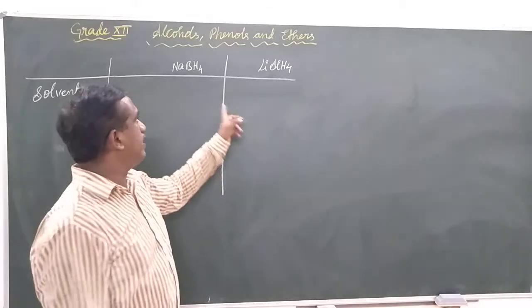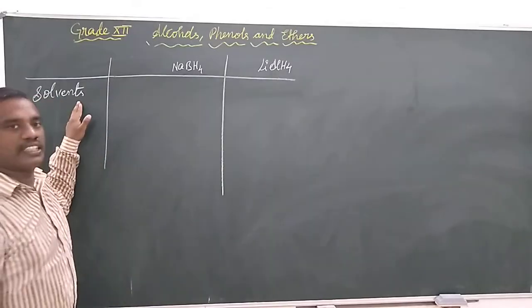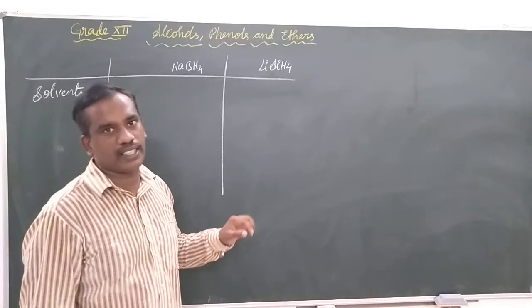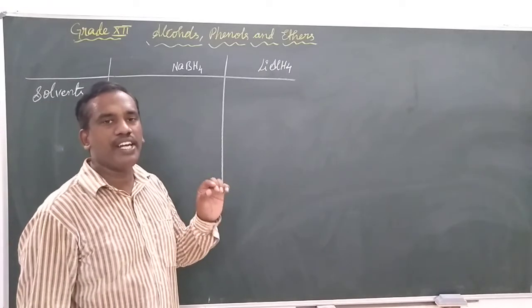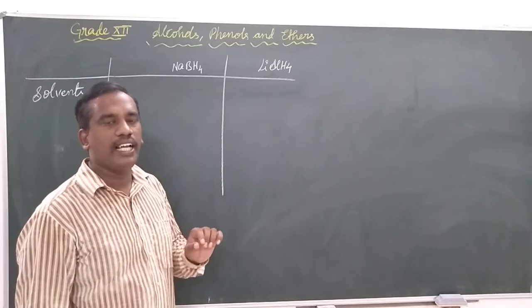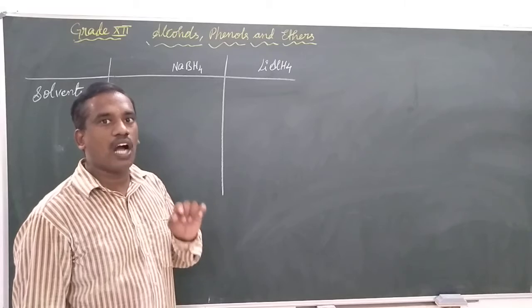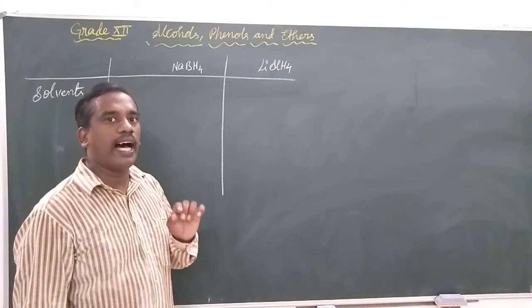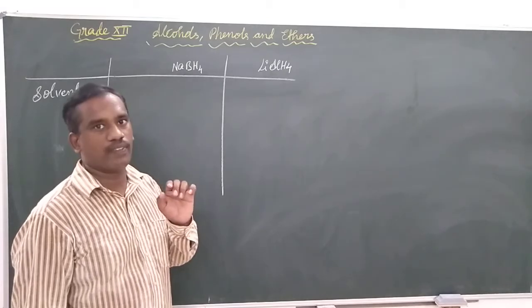So let us see what are the solvents that can dissolve these reducing agents. Generally, whenever any reducing reagent reacts with the carbonyl compound, that will form an alkoxide ion.